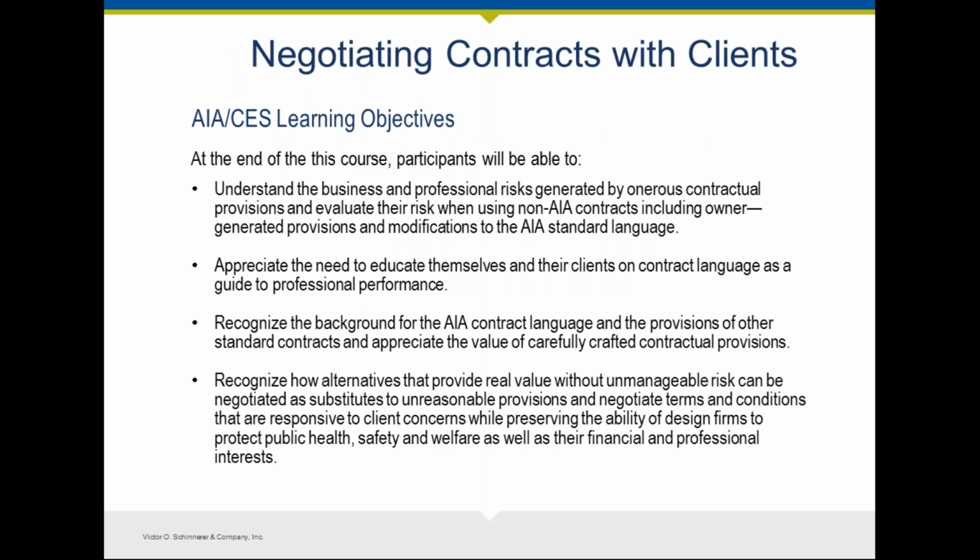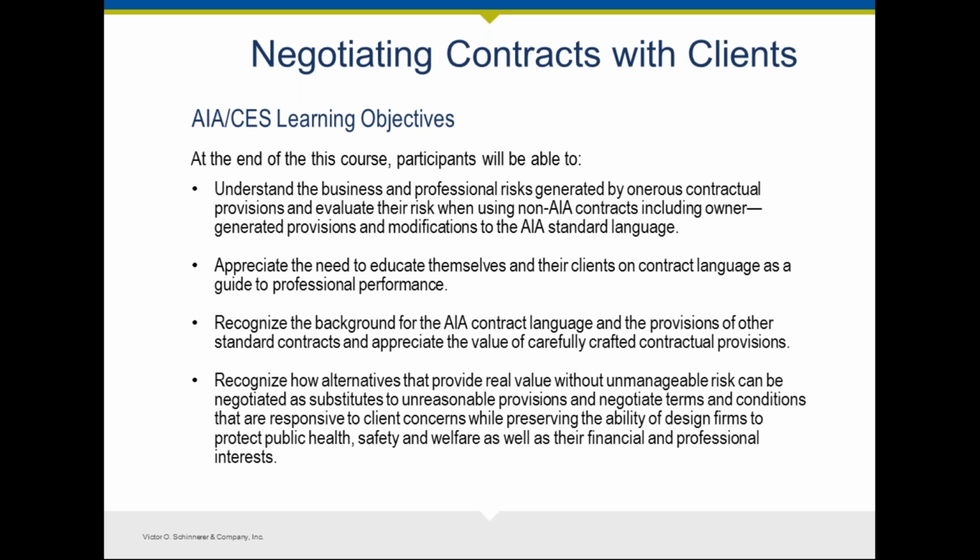Let's get started. At the end of this course, what I want you all to get out of this is that you need to understand what the business and professional risks are posed by onerous contract documents that you get from your clients. In the last 2 webinars that we did, Frank discussed in detail the updated versions of the AIA documents and presented some of the changes that have been passed on in the 2017 AIA documents.